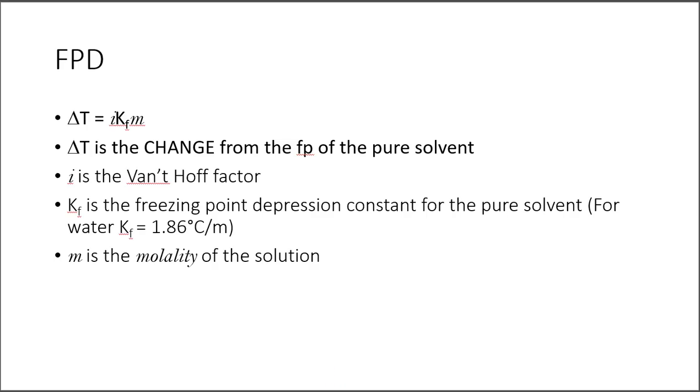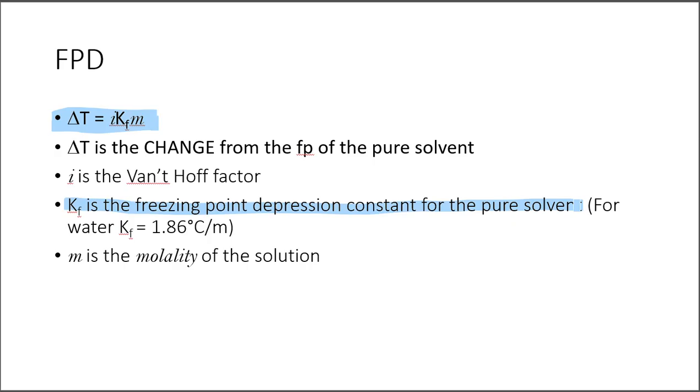Here is the equation for it. Delta T equals the ideal Van Hoff factor times the freezing point depression constant times the molality of the solution. The freezing point depression constant is for each different solvent.